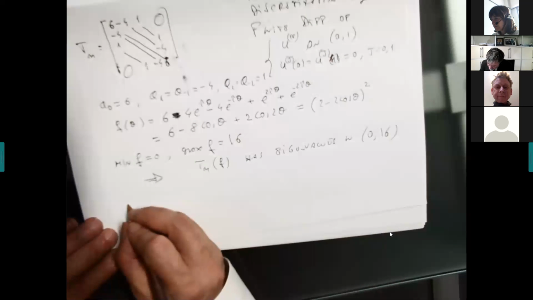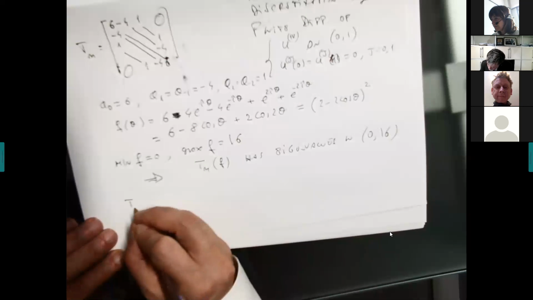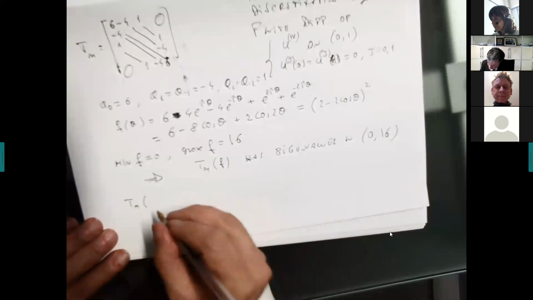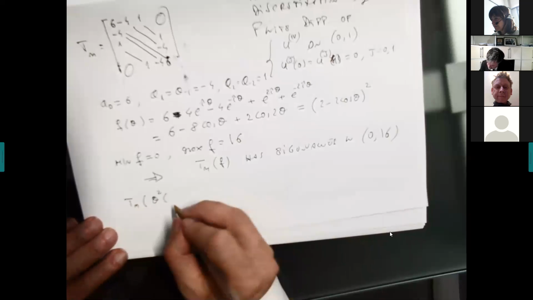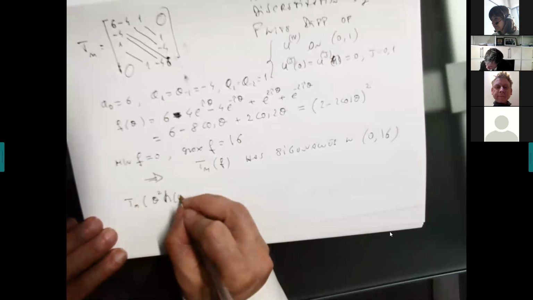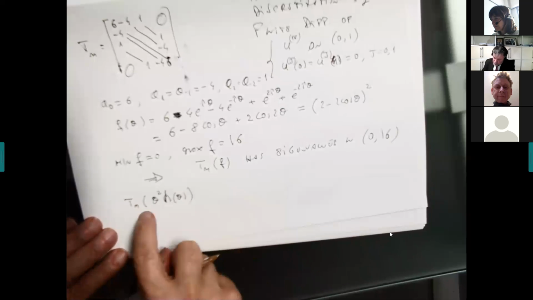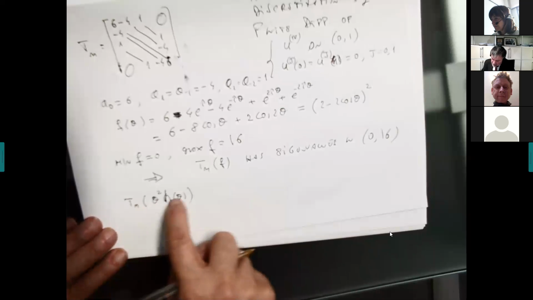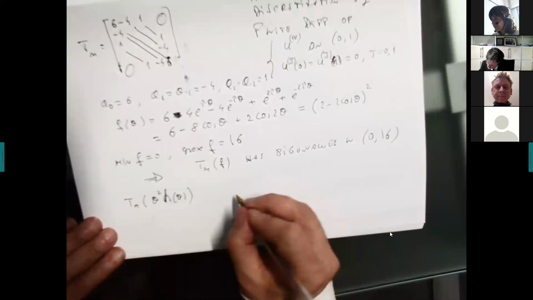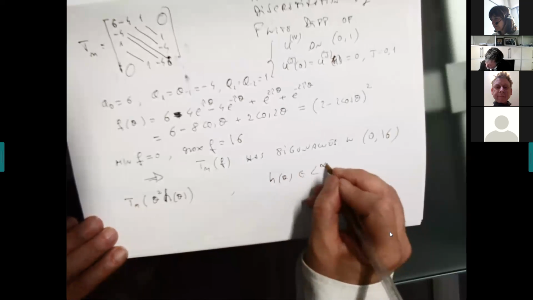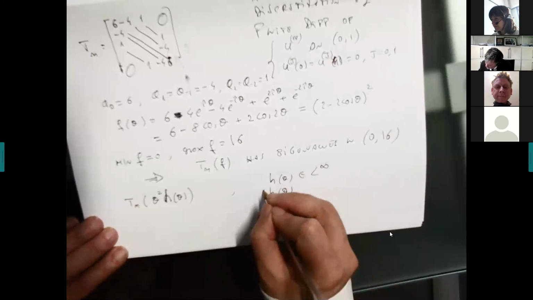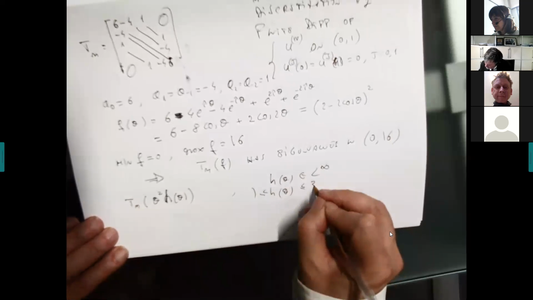But if you have, for instance, Tn of theta square times h of theta, you know the Fourier coefficients and you discover that the generating function is this, with h of theta in L infinity, h of theta between 1 and 3.